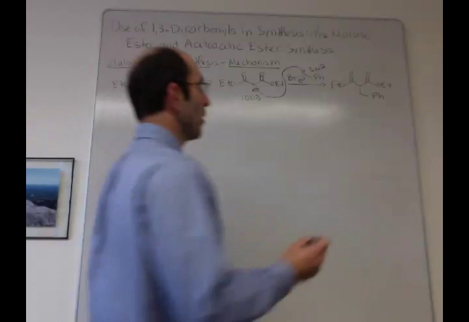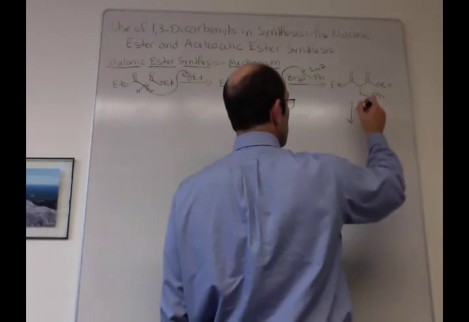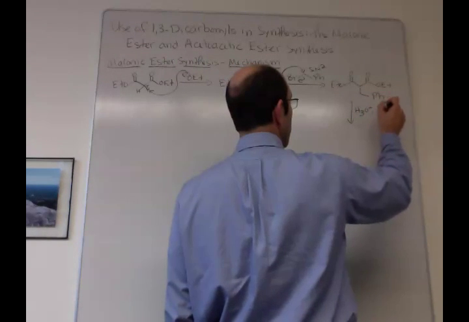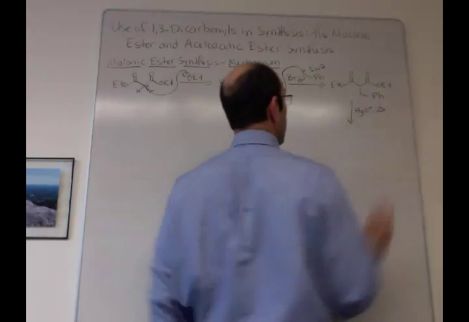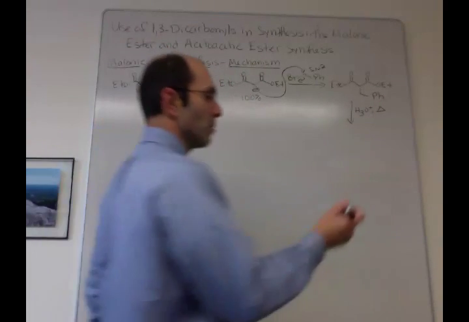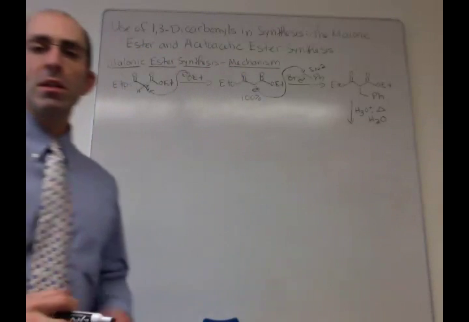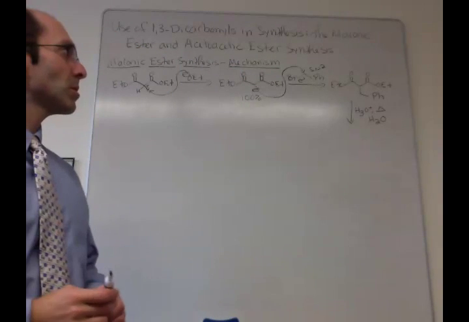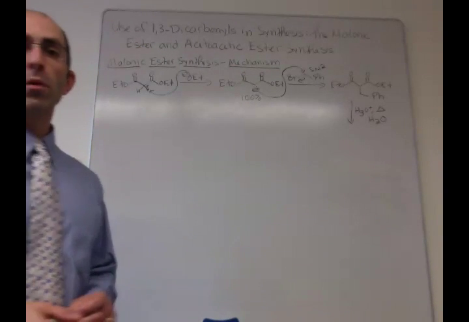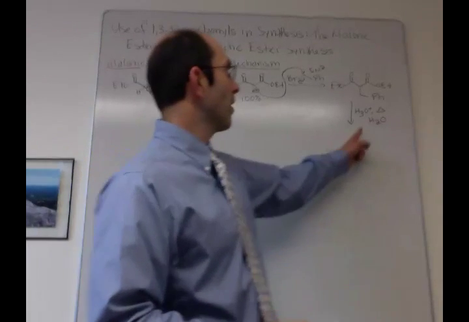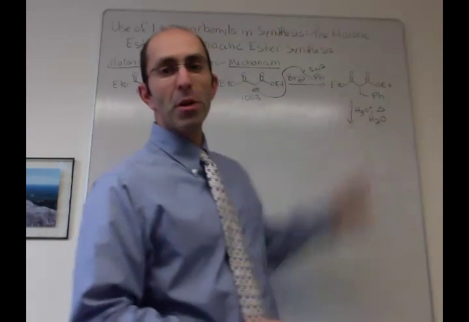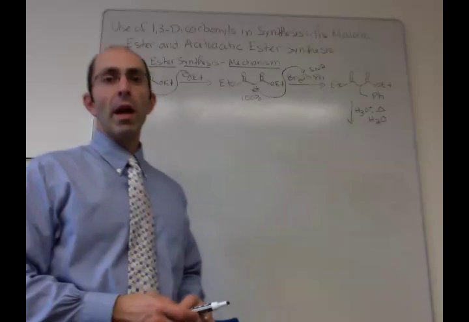And so now is where things get interesting, when we add acid and heat, right? It's probably better to write acid, water, and heat. So when we do this, hopefully we're all comfortable remembering that when you have acid and water and an ester, you're going to turn that into a carboxylic acid, right?